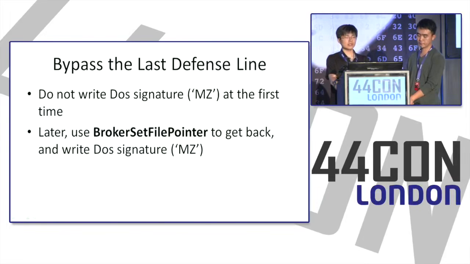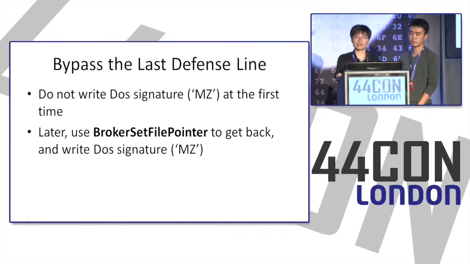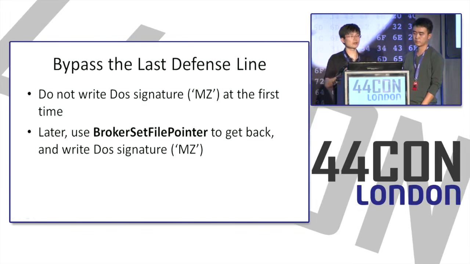But it only checks the signature the first time, when you write to the beginning of the file. So we can bypass this defense like this. First, we write the beginning of the file without the DOS signature. We can simply replace the DOS signature with 0 bytes, so it can bypass the check. And later, we use broker set file pointer to set our file pointer back to the beginning of the file. And this time, we write the DOS signature. And by doing this, we have a complete PE file.